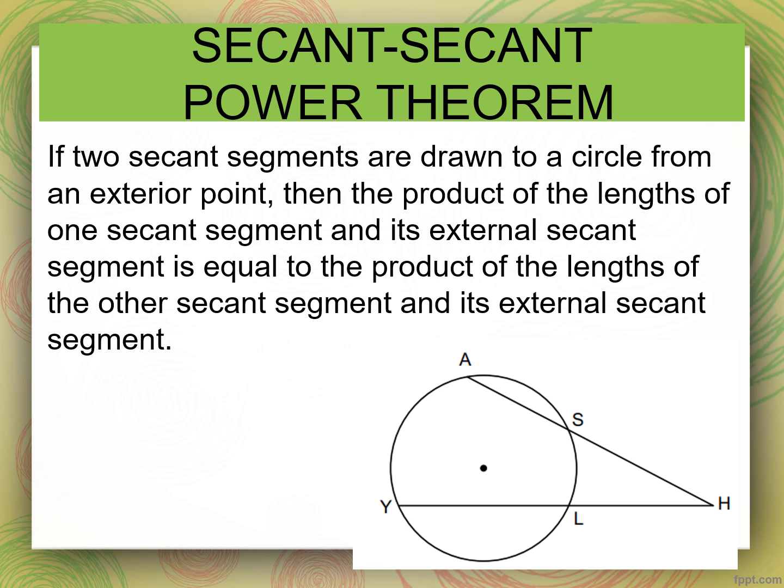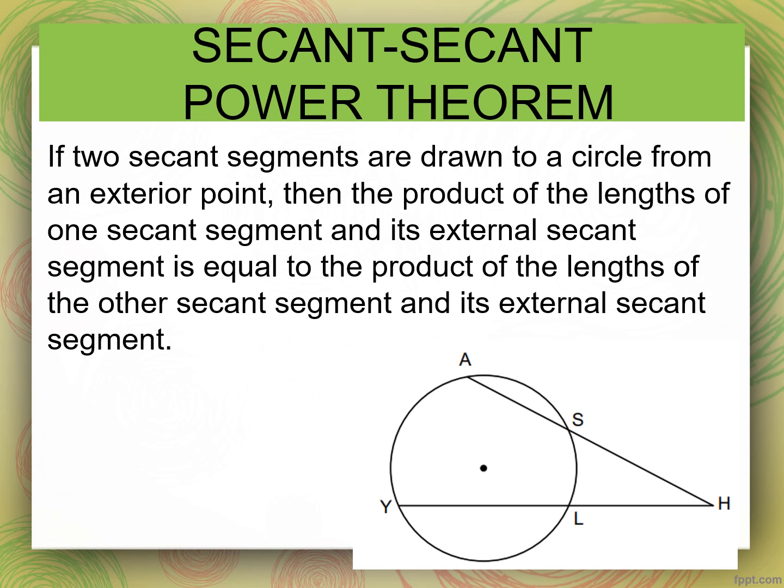We have two secant segments here, secant AH and secant YH, and they intersect at an external point H. Now based on the theorem, the product of the lengths of one secant segment, so let us use secant segment AH.